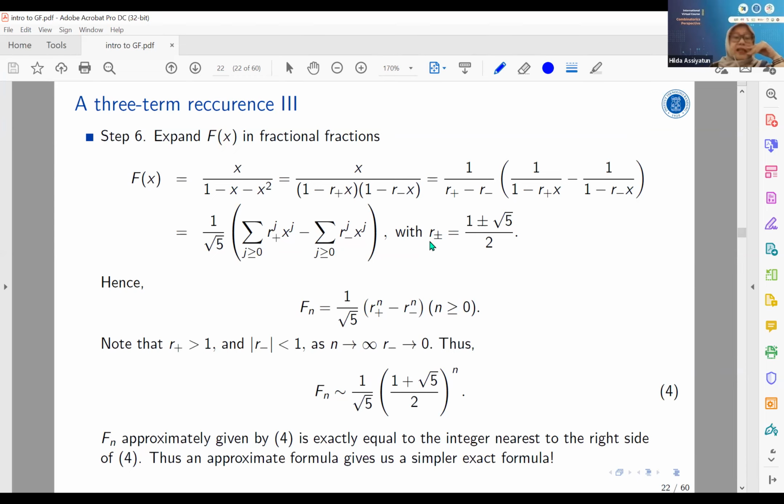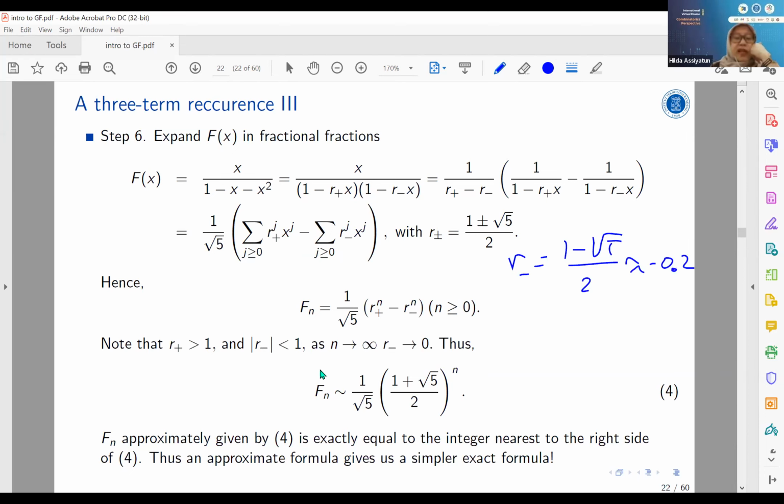While the second one, r minus, is 1 minus the square root of 5 divided by 2, that would be somewhere around minus 0.6, so the magnitude of r minus is less than 1, less than half, right?